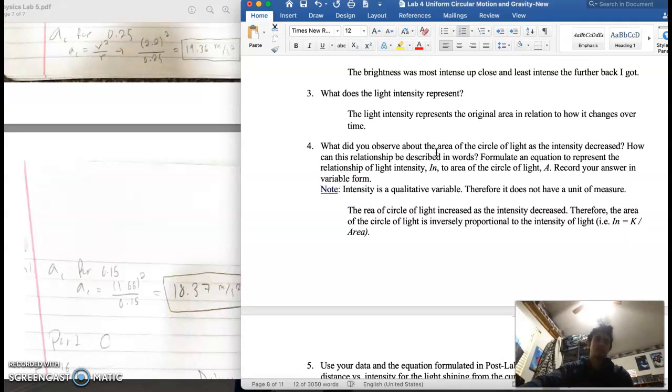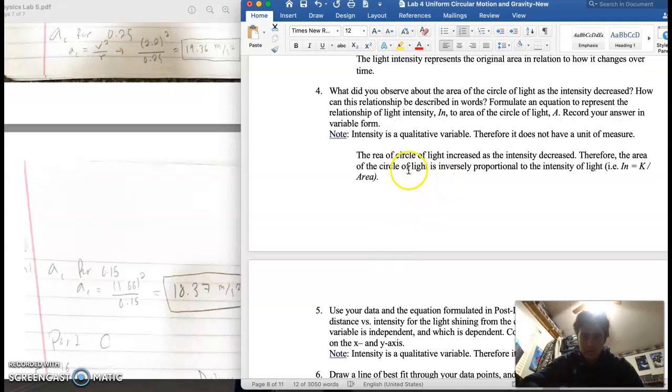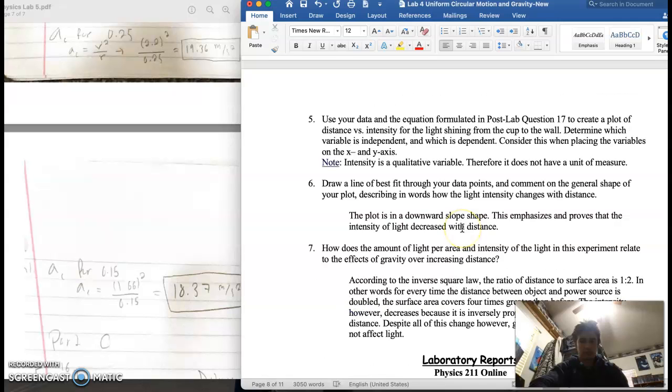So covering that initial area versus further back. Observed the area of the circle increased as the intensity decreased. It's inversely proportional. Area of circle is inversely proportional to the intensity of the light. There it is in equation form.